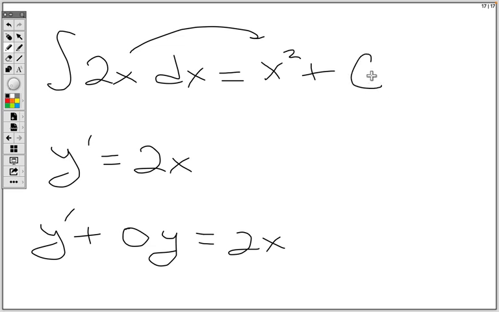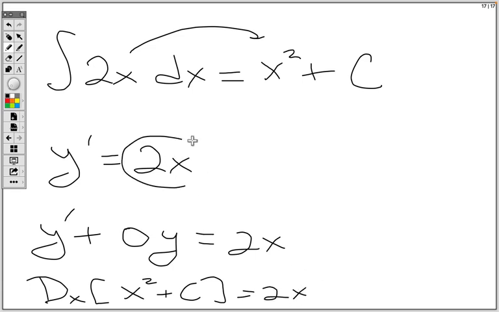Now, why do you tack on a c? Well, the mean value theorem says you can, but when you take the derivative of your answer to check it, the derivative of the x squared gets you to 2x. That gets you to your f of x, right? Your non-homogeneous part. And when you take the derivative of the constant, that gives you what? 0.